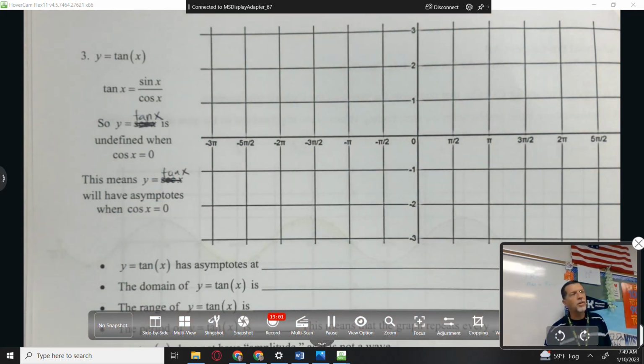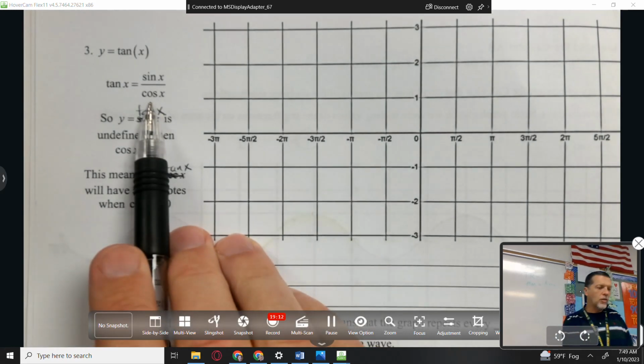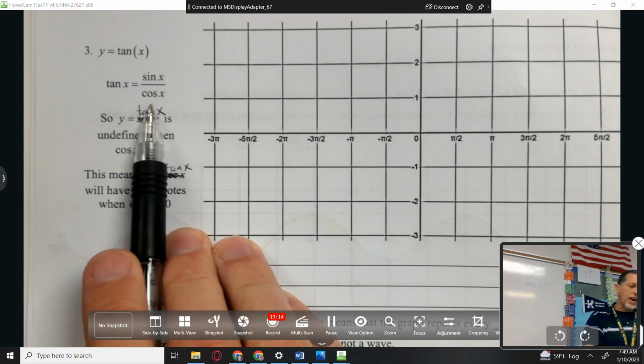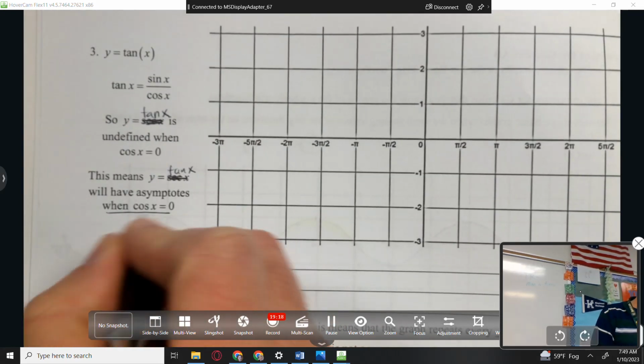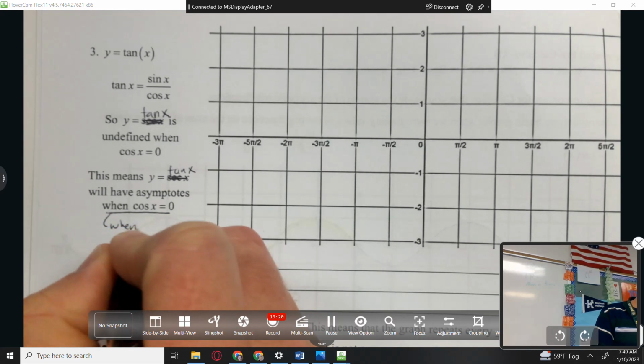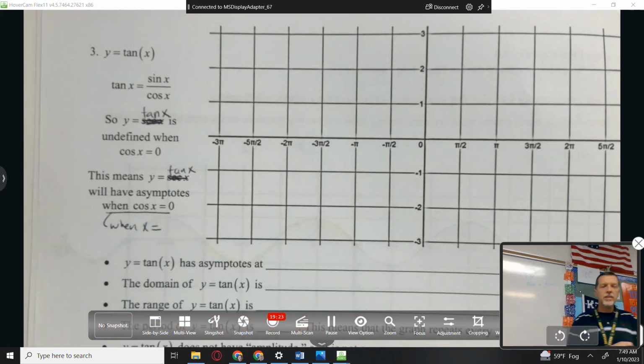We'll have asymptotes. Remember way back, factors of the bottom that were 0 make an asymptote on the graph? It's the same thing here. Whenever cosine is 0, we get an asymptote on the graph. So cosine is 0 when x equals, think about it, although we just did this.